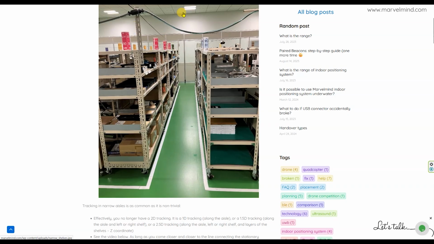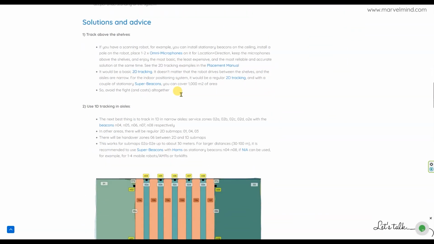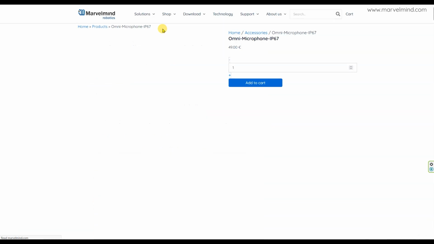So you install the station beacons on the ceiling, on the walls. It basically doesn't matter because, for example, this doesn't look like a huge warehouse, but very densely packed. So your robot must be above the shelves, not the robot itself, but at least the Omni microphones. You install them.